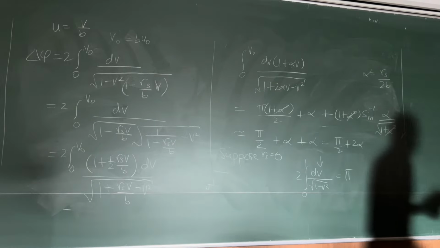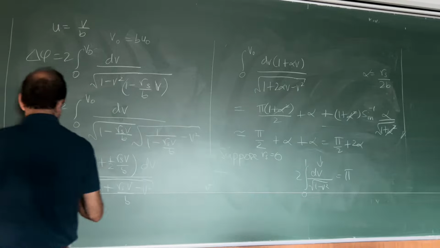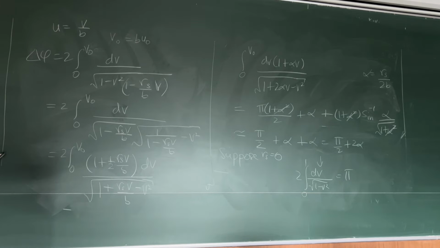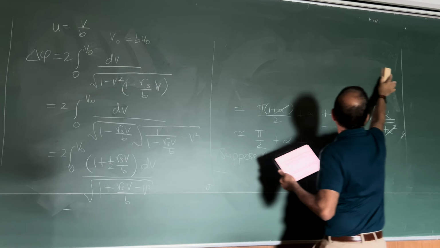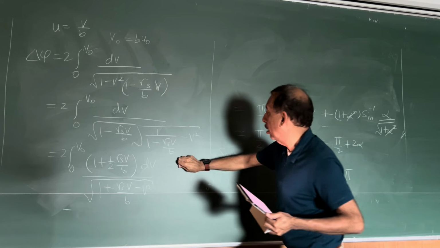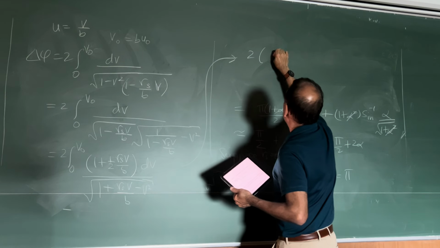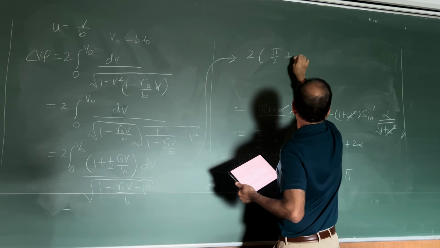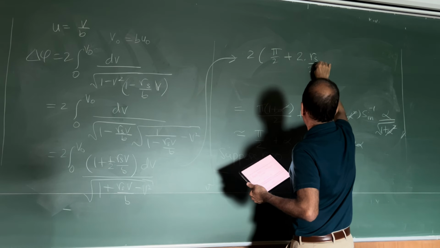What do we have to do now? We have to insert alpha, but we also have to remember that the integral of interest to us has a 2 sitting in front. So we'll go back up here and write this as 2 times (pi by 2 plus 2 rs over 2b).